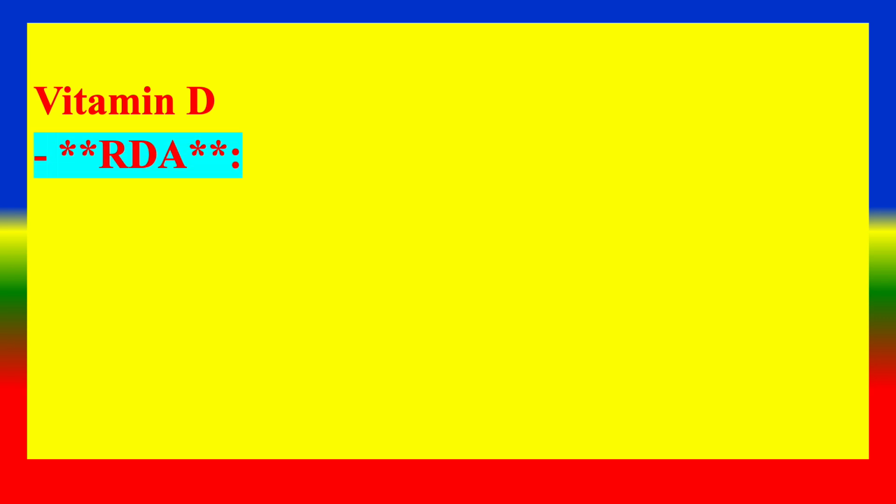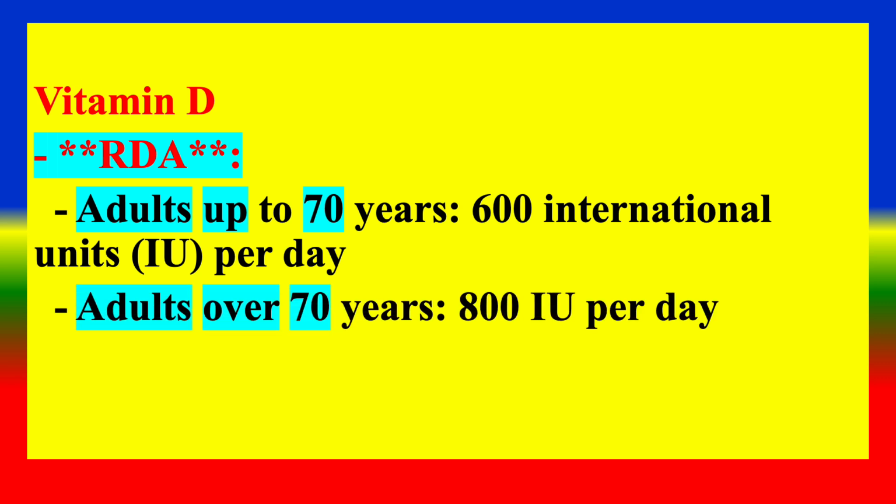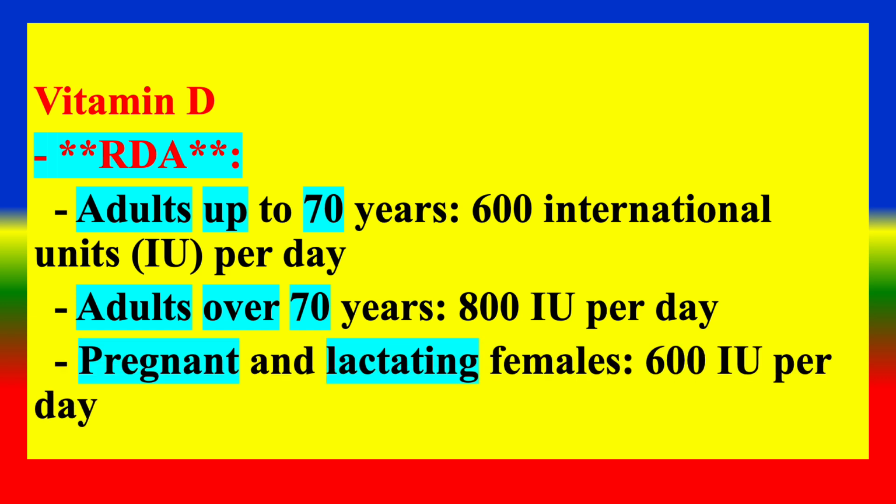Vitamin D, RDA. Adults up to 70 years 600 international units, IU, per day. Adults over 70 years 800 IU per day. Pregnant and lactating females 600 IU per day.